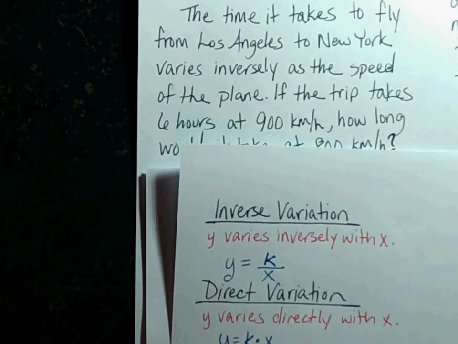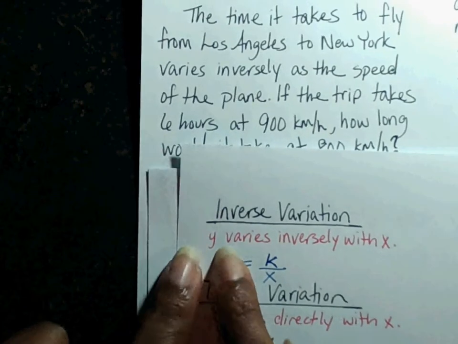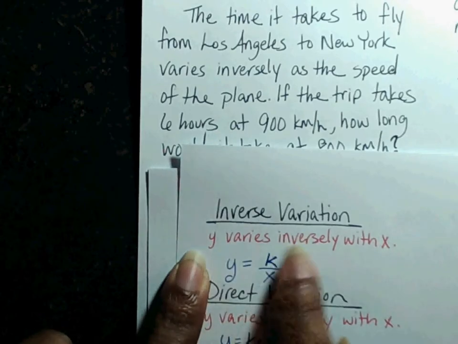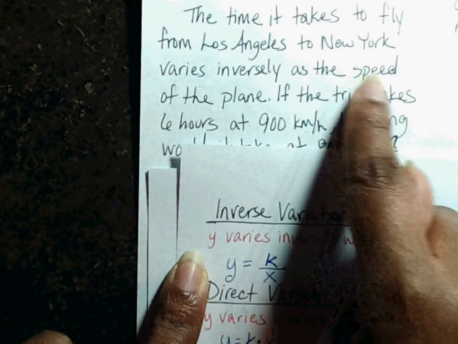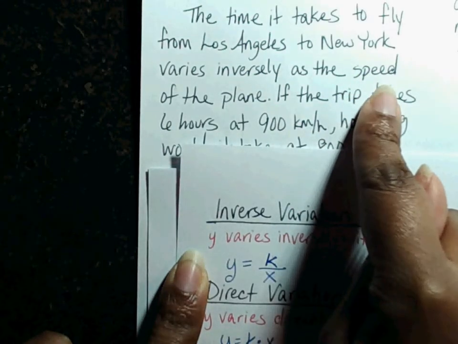So the time to fly varies inversely with the speed of the plane. It's always the beginning varying with the end. Always. So in this case, y is varying with x. The time is varying with the speed.